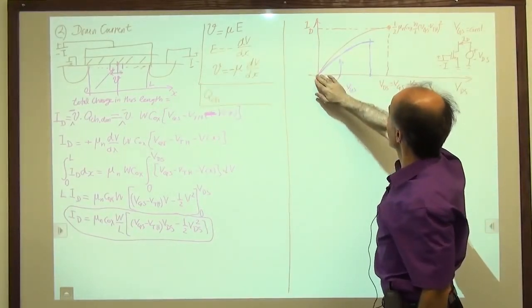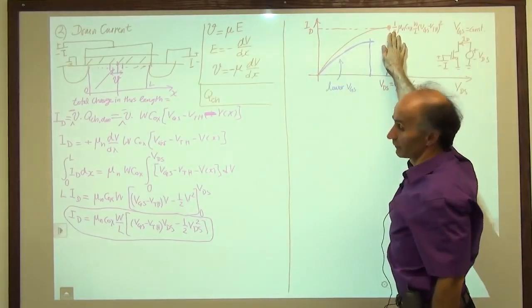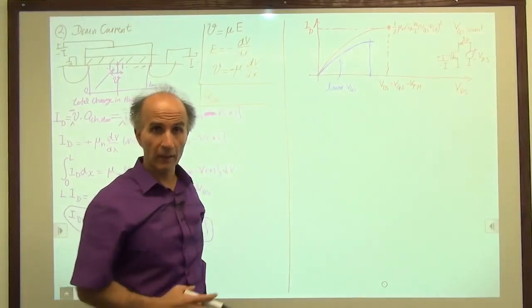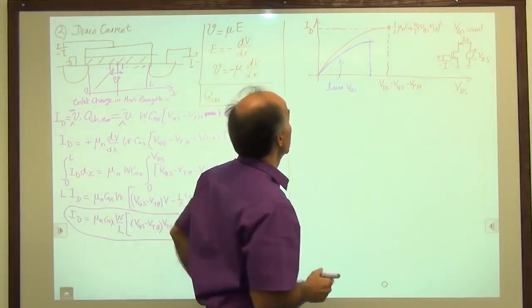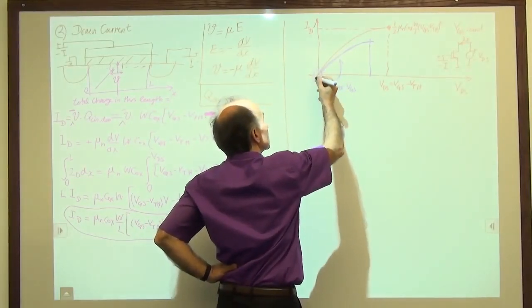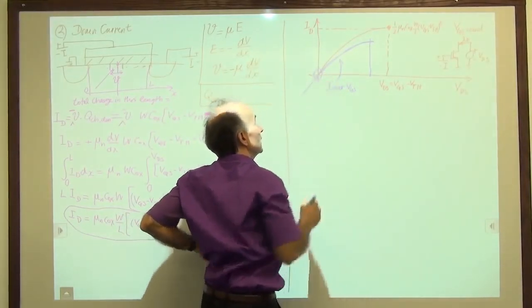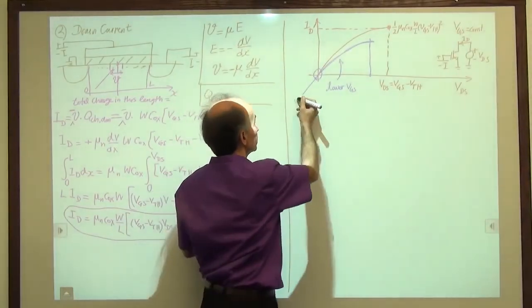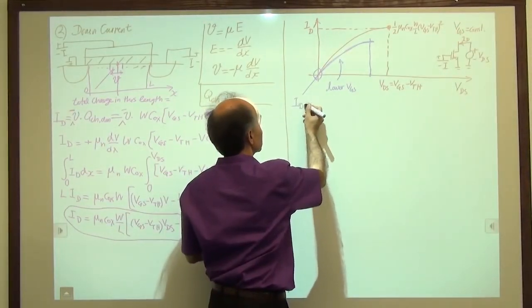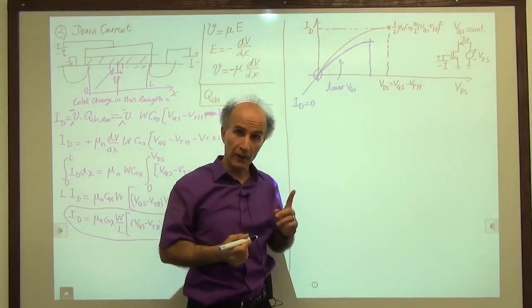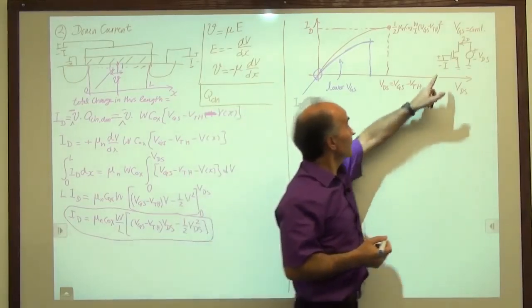As we go from VDS equals 0 to some maximum value. Now, something peculiar that happens in the structure, and I mentioned briefly before, is right around here. Right around here, there's no current, right? ID is 0. But is the device off? No, it's not off, because the gate voltage is still there.